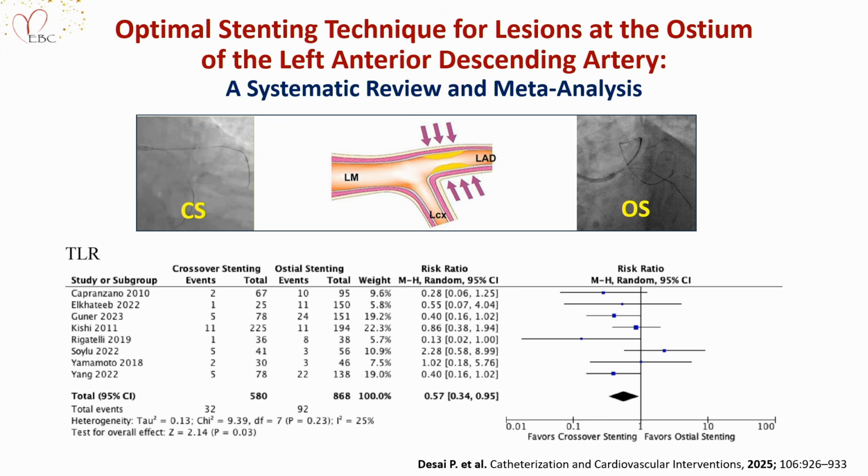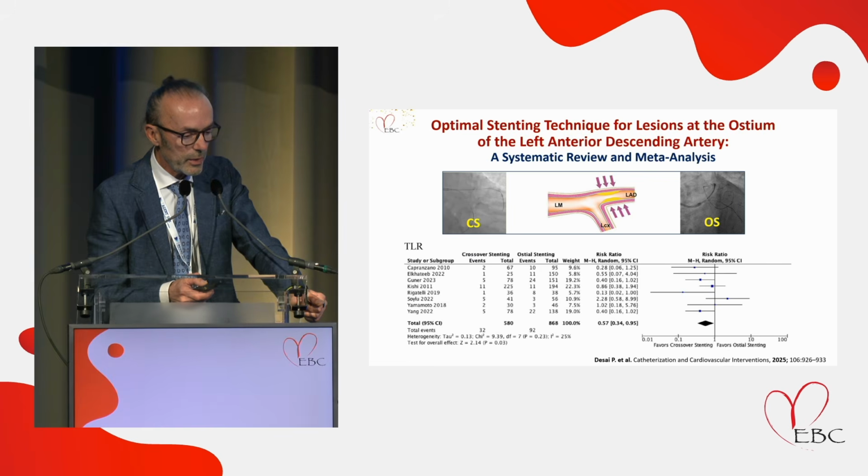This is the last meta-analysis I found comparing an ostial LAD lesion, comparing crossover to ostial stenting. There are more than 1,580 in the crossover and 800 in the ostial stenting, all studies from 2010 to 2023.